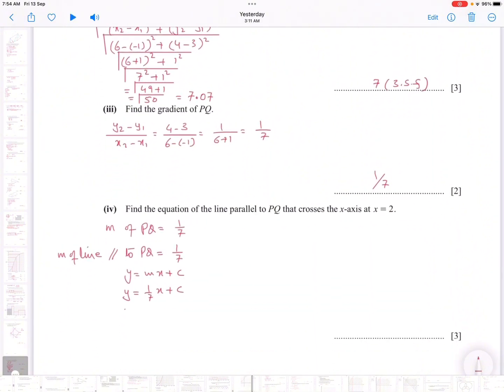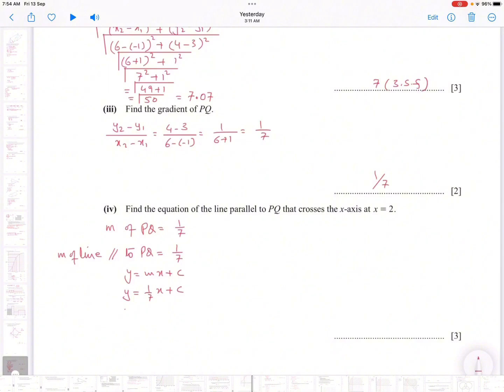In the fourth part, find the equation of the line parallel to PQ that crosses the x-axis at x equal to 2. So the gradient of PQ is 1/7. The gradient of a line parallel to PQ would also be 1/7.